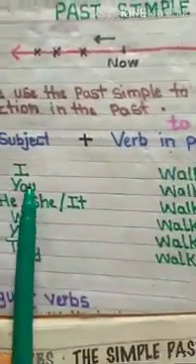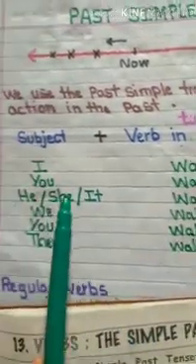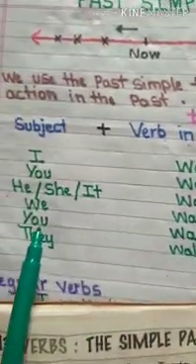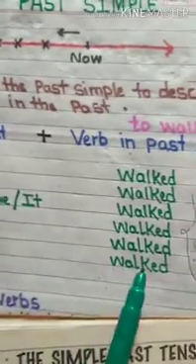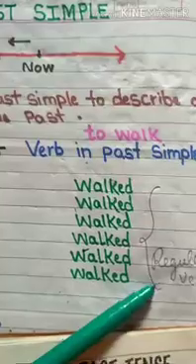So how to make a sentence? I walked, you walked, he, she, it walked, we walked, you walked, they walked. So this walked is a regular verb. Now some more examples of regular verbs in simple past tense that are formed by adding d or ed. He talked loudly in class last week.